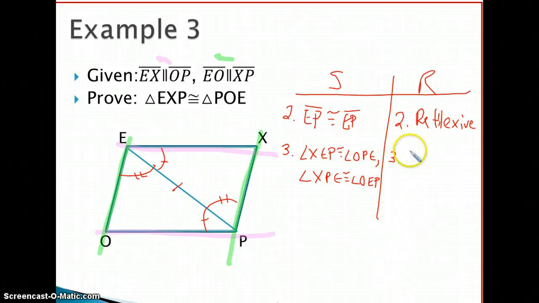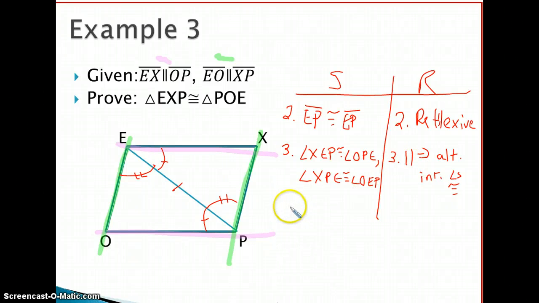So I started off with having parallel lines, which gives me alternate interior angles congruent. We've done the reverse. We said if we had alternate interior angles congruent, then that gave us parallel. So if you have that relationship down, the reverse is just not that difficult.